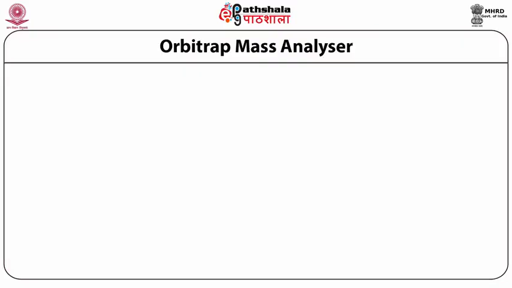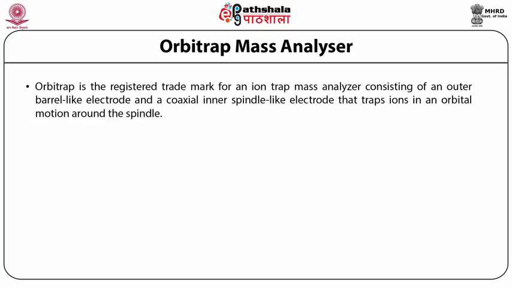The latest technology that is available in mass analyzers, starting with the sector analyzer, is today called the Orbitrap mass analyzer. Orbitrap is the registered trademark for an ion trap mass analyzer consisting of an outer barrel-like electrode and a coaxial inner spindle-like electrode that traps ions in an orbital motion around the spindle.